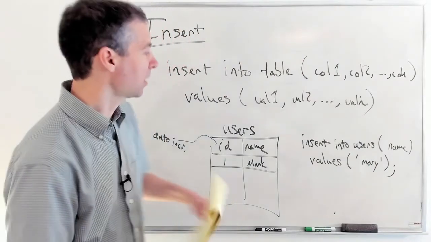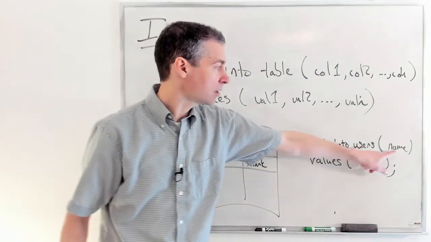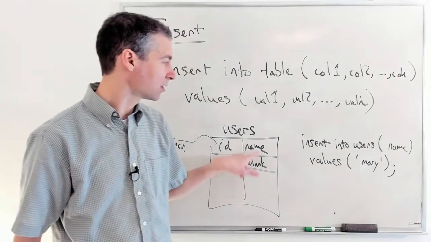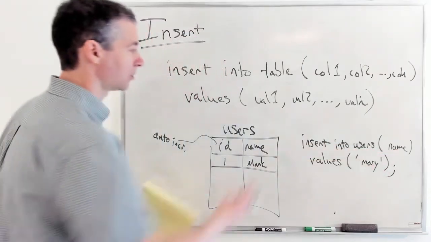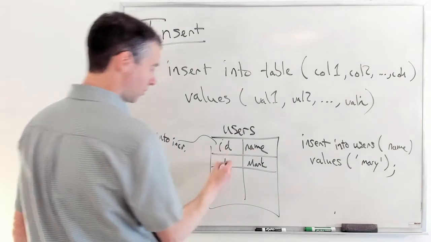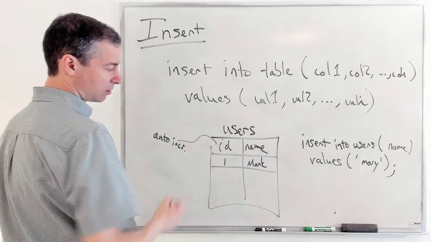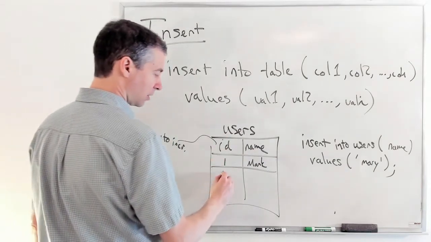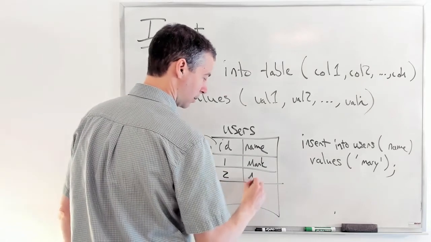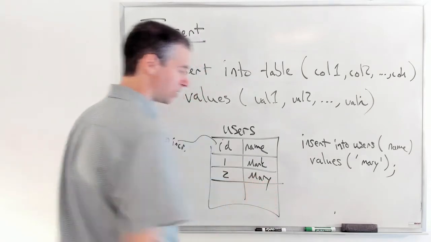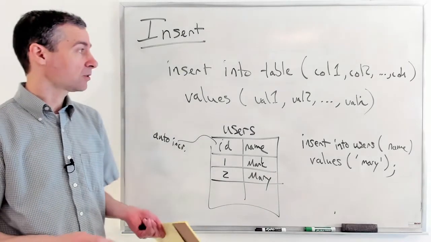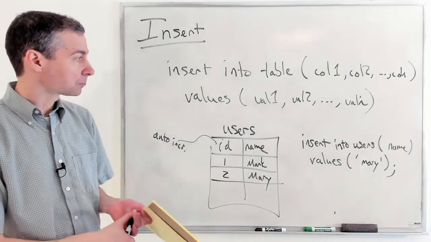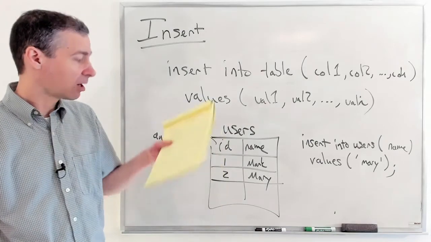So I'm not specifying the ID as one of the columns. I'm only specifying name as the column, and the value for name is going to be Mary. So when this insert runs, with an auto increment, it knows the last value was a 1, then 2 is added, and Mary is added to the table as the next user. Super handy, super neat. All right.